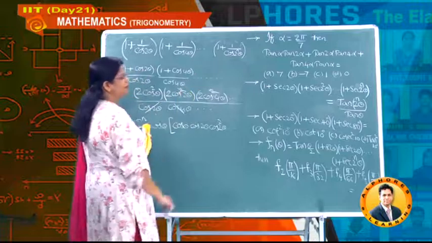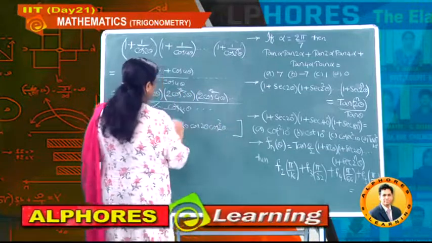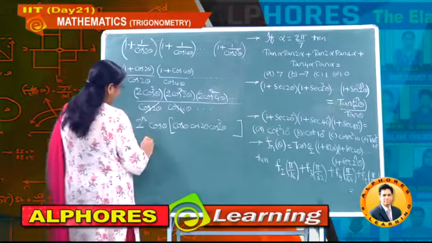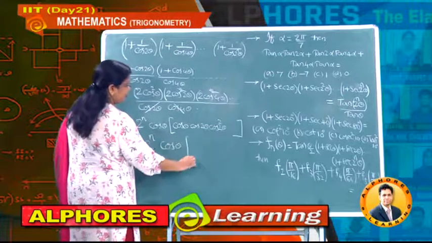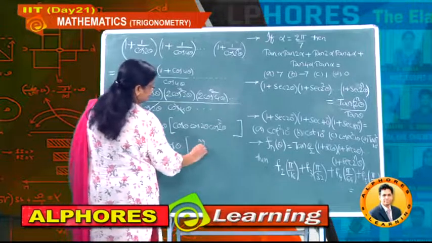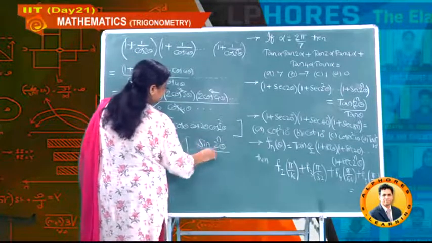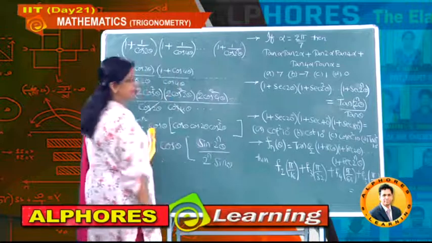Here it is 2 to the power of n minus 1, whole divided by 1, that's it. Now what is the formula here? 2 to the power of n cos theta, the formula gives sine of 2 to the power of n theta whole divided by 2 power n sine theta, okay. So this is the value.